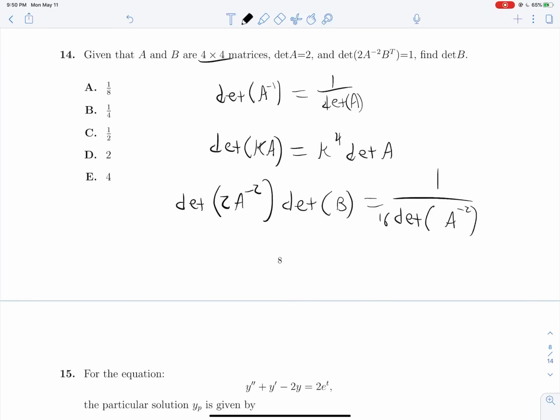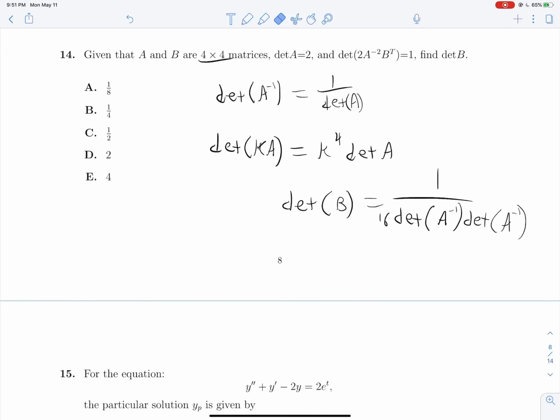16 over here. Now the determinant of a to the negative second power is just the determinant of a to the negative first power times the determinant of a to the negative first power.